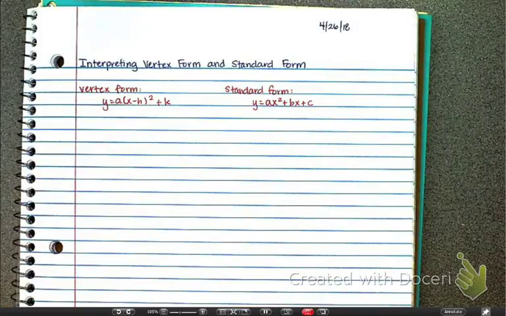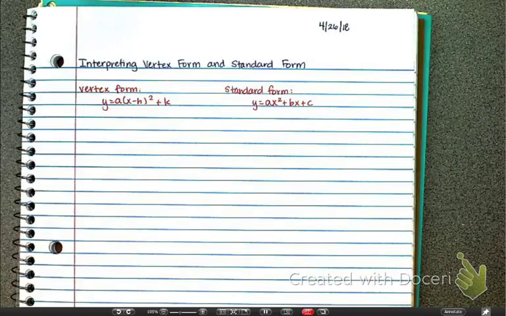Before we started doing graphing of quadratic equations, we graphed linear equations, and it was something like y equals 2x plus 3, right? What was the exponent on the x? On y equals 2x plus 3? A 1. Okay, that makes it linear. If the exponent is 1, it makes it linear. If the exponent is a 2, the highest exponent is a 2, it makes it a quadratic.